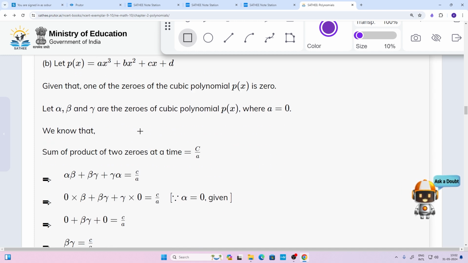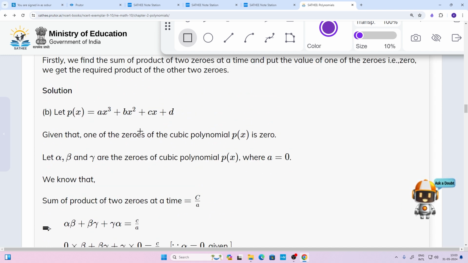So first we let P of x equal ax cube plus bx square plus cx plus d. This cubic polynomial is given to us, and one of its zeros is 0.